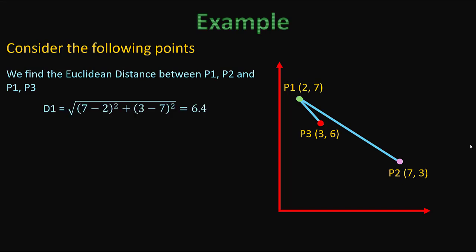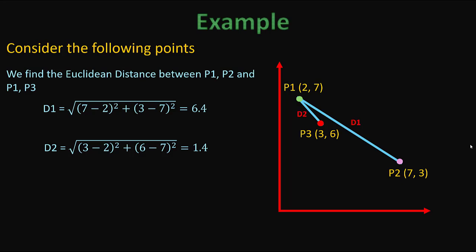Suppose D1 is the distance between point P1 and point P2. So this is (7 minus 2) the whole square, then (3 minus 4) the whole square. If we calculate, we'll get 6.4. And D2 is the distance between P1 and P3. This is how we calculate.